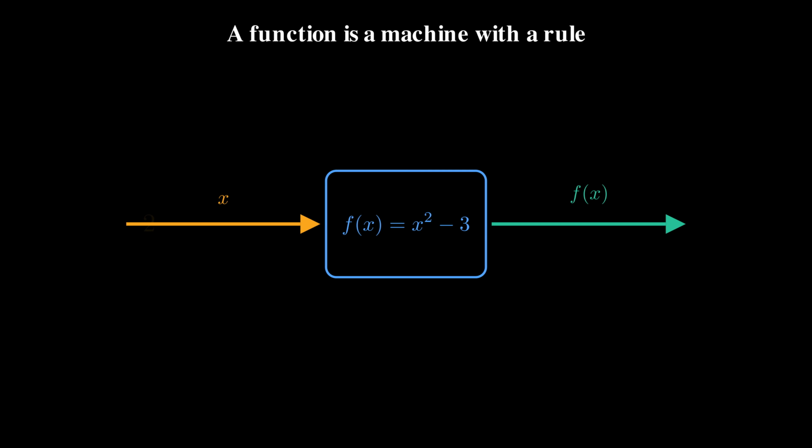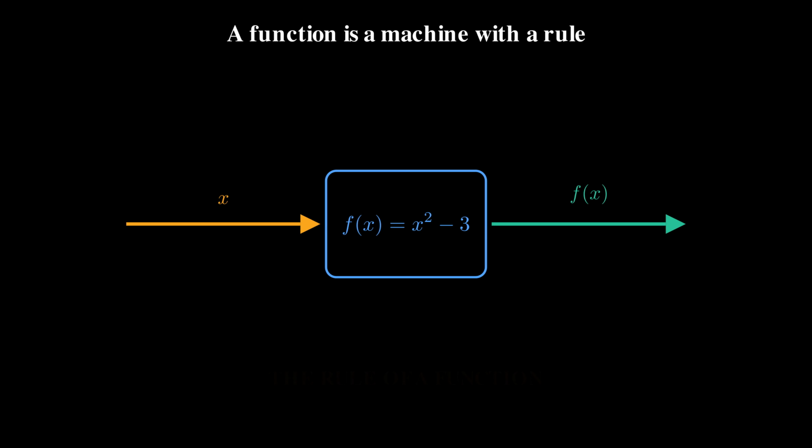Watch one go through. Put in 2. The machine squares it, 4, then subtracts 3, leaving 1. So f of 2 is 1. Notice the key thing. 2 goes in, and exactly one number comes out. Not 2 answers, not a maybe, 1.